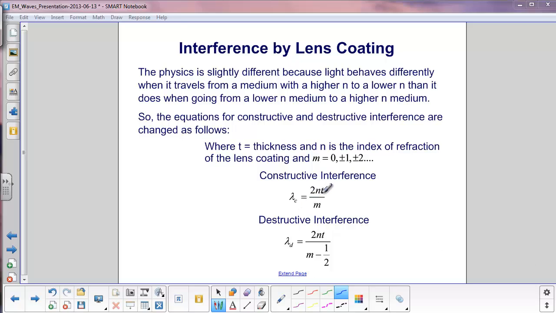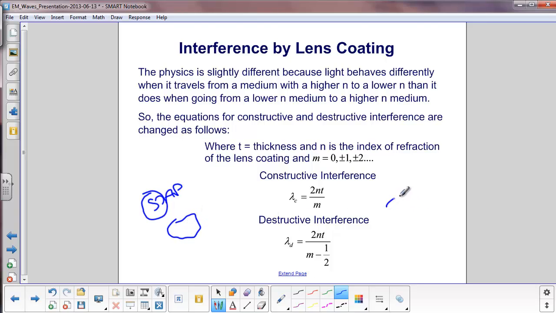Constructive interference this time is 2nt over m, where t is the thickness of that middle medium again, m is your order, and then destructive interference occurs over here. So in the one case we had the soap bubble, your soap, and then we had the oil on the asphalt. And then over on this side we have an eyeglass and we have an anti-glare coating. So the equations are different between these two because of the varying indices of refraction.